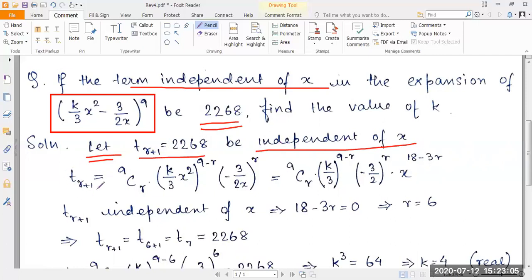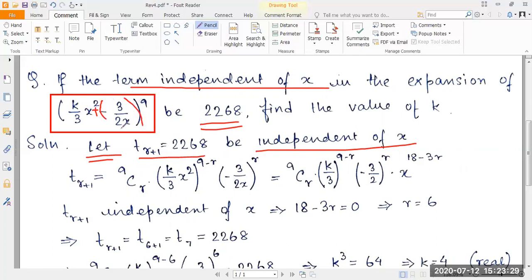As we know, the T r plus 1 expression is nCr a to the power n minus r times x to the power r. That's the first term to the power n minus r into the second term to the power r. So here we have taken it plus, so it's k by 3x square plus minus 3 by 2x.